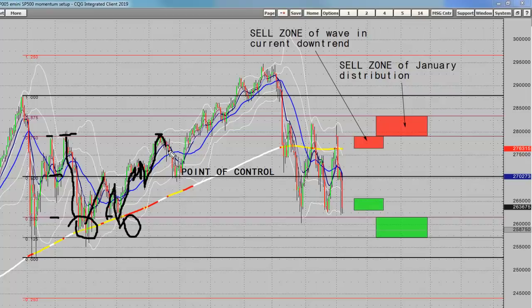Up to the sell zone, rejected again, back to the point of control. Then it actually went for a rally and got rejected up near the top of the sell zone a couple of times, but managed to hold in there. And the point to be made here is we see prices breaking out above the high of the range.